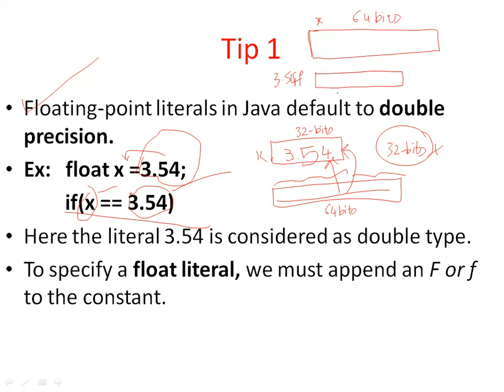Float occupies 32 bits. So what we are doing with X equal to 3.54F is storing this 32 bits into 64 bits. It's like inserting a small container into a big container. Can we insert or not?